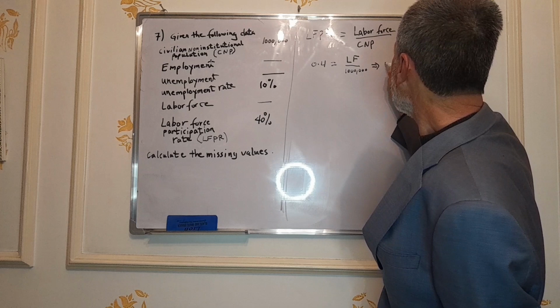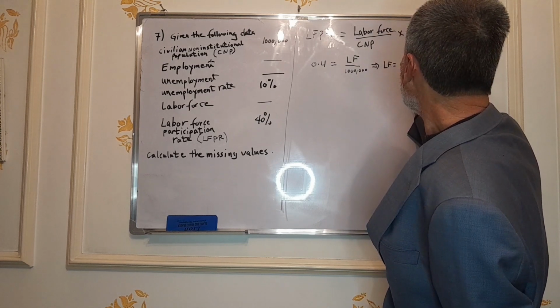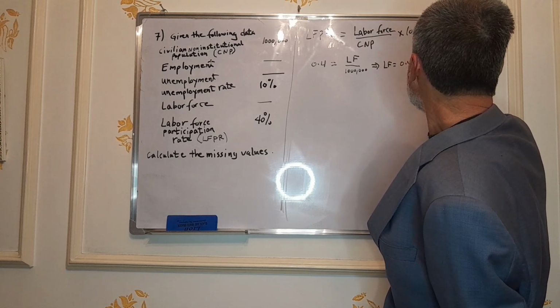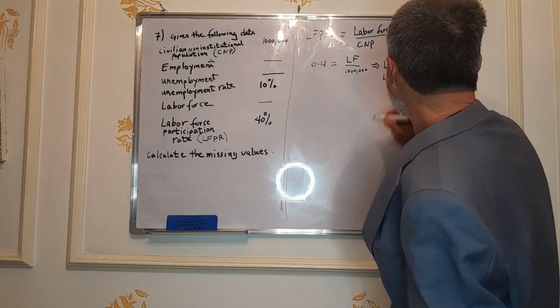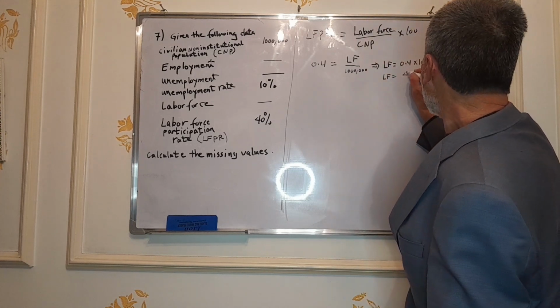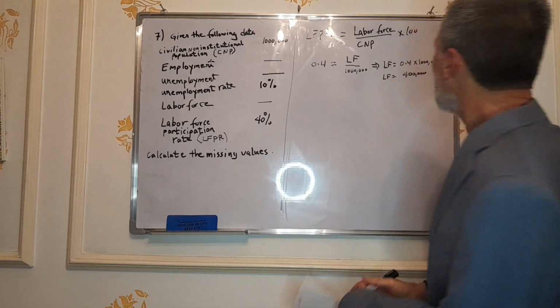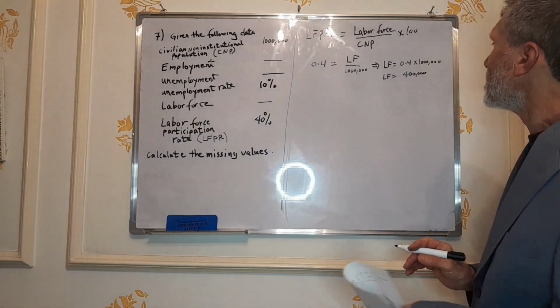This implies that the labor force is equal to 0.4 times 1 million, which is of course 400,000.